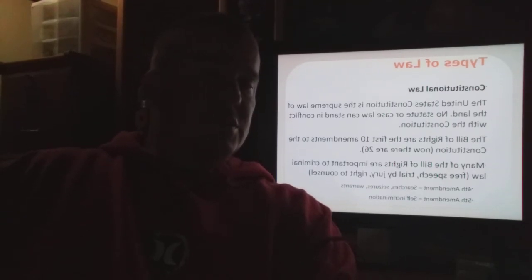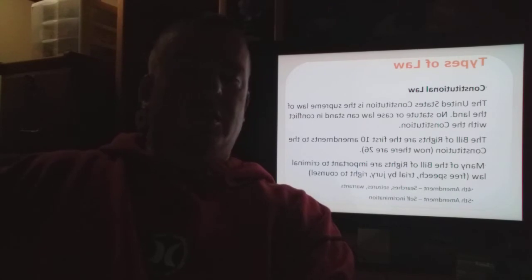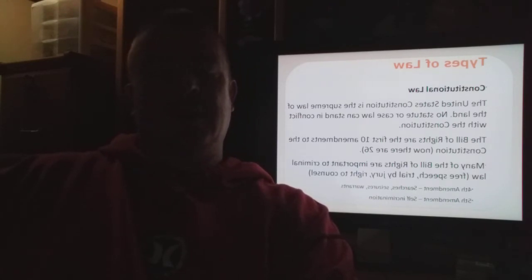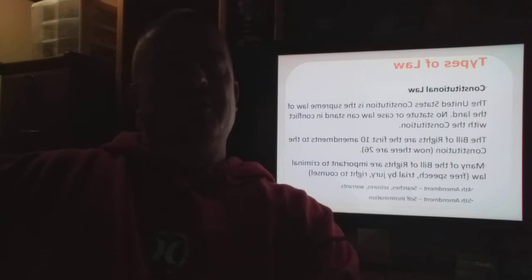Included in the Constitution is the Bill of Rights. Of course, that's the first 10 amendments to the Constitution, and there are 26 total amendments. A lot of the rights provided in the Bill of Rights are very fundamental to law enforcement and how law enforcement is able to interact with the public, what they can do, what they can't do.